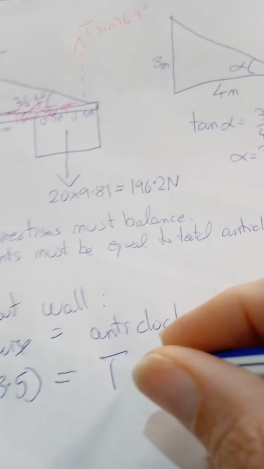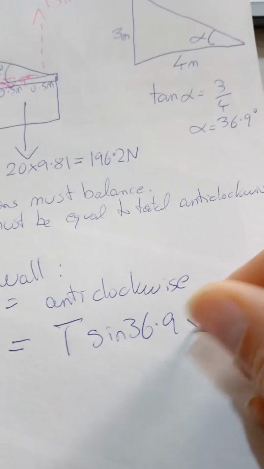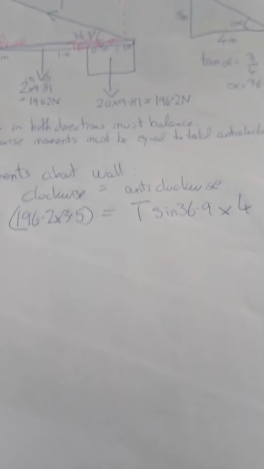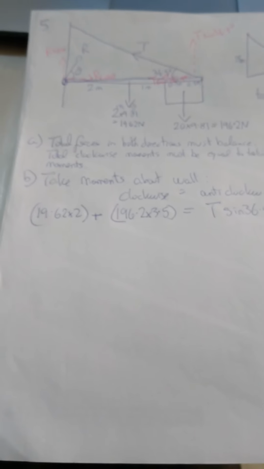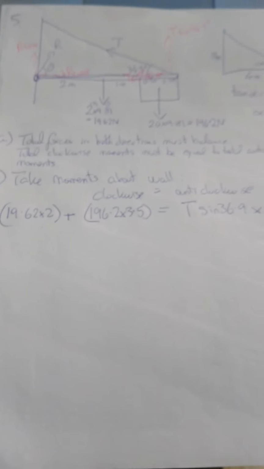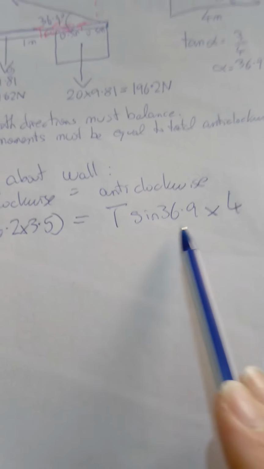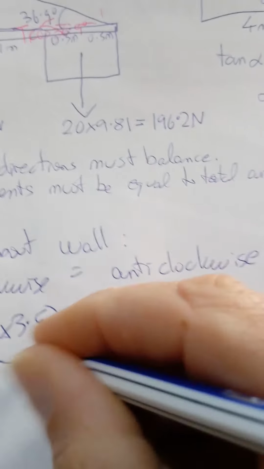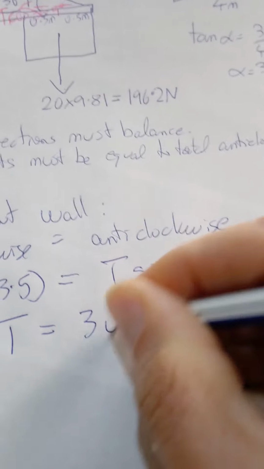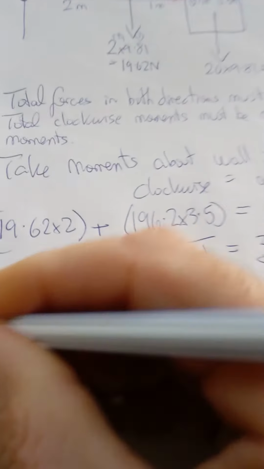So the anticlockwise moment is T sine 36.9 multiplied by 4. And once we get T as the subject of the formula, we take everything to the other side. First we add these together, and then you divide by 4 times sine 36.9, and we'll get the value of the tension, which should be equal to 302 newtons.